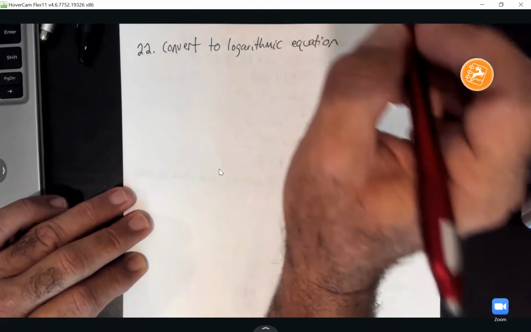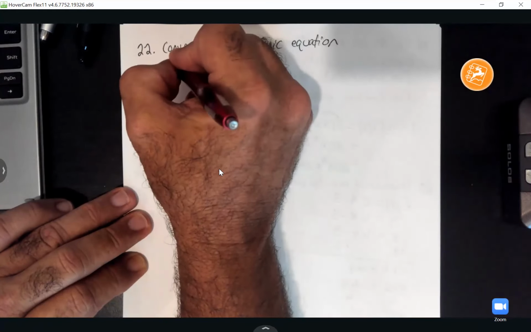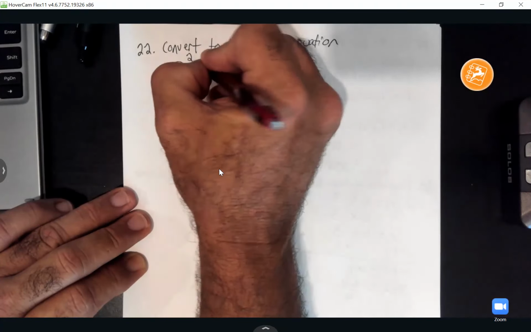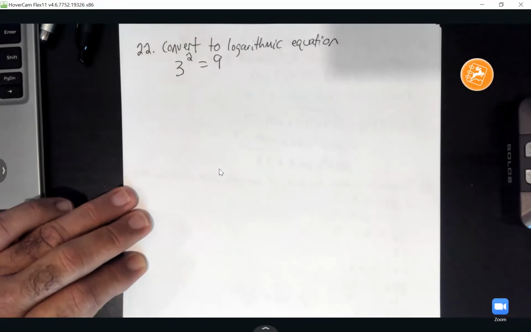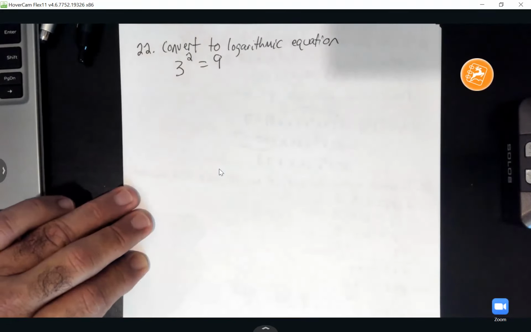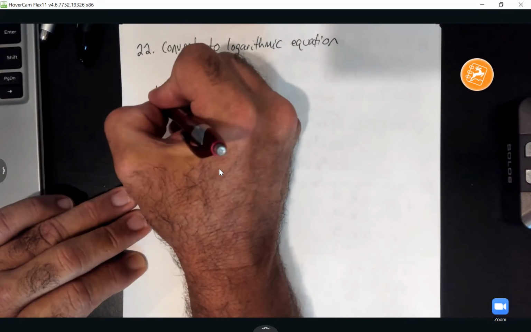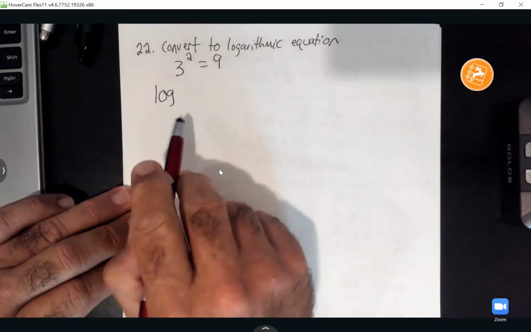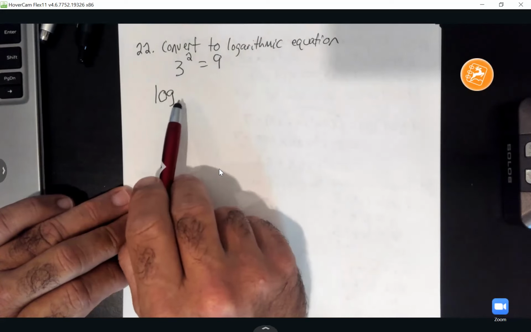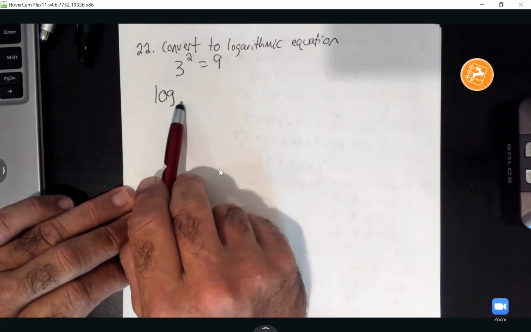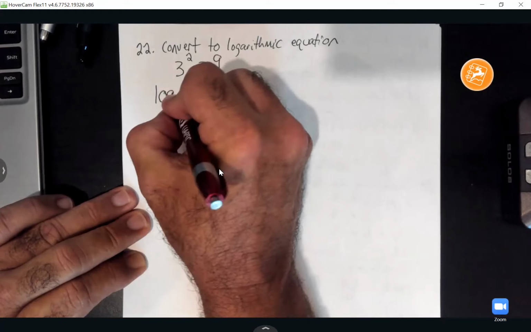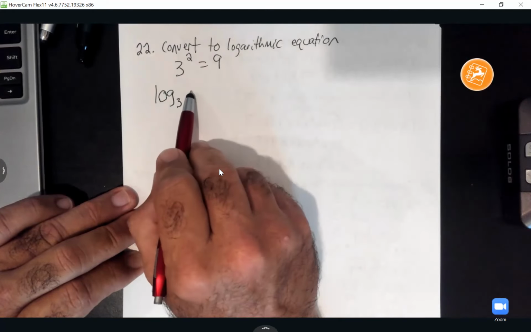So convert to a logarithmic equation, and they're giving me exponential: 3 squared equals 9. So if I'm going to convert it to logarithmic, I got to put my log down. So first question, what is the base of this logarithm? 3. All righty.